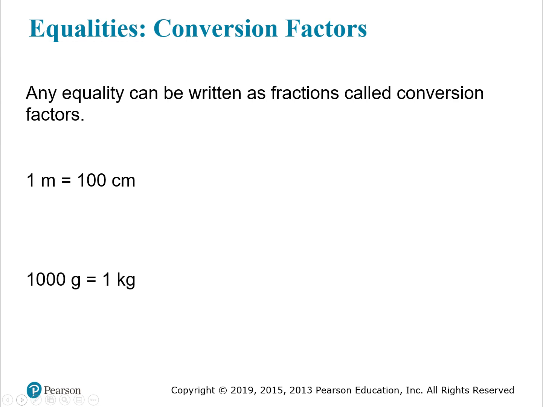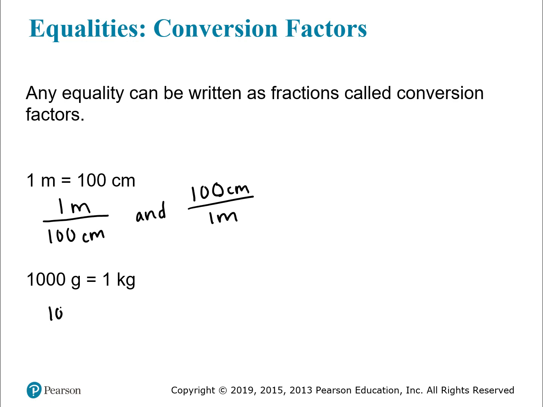Let's do some practice. 1 meter is equal to 100 centimeters. I think we saw that before. You write one number as the numerator, the other number as the denominator, and for the second one, you write the reciprocal. Let's do that again.